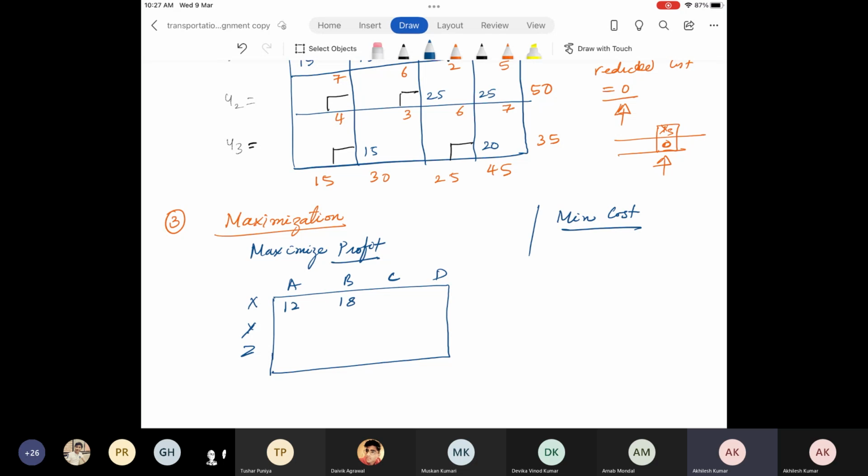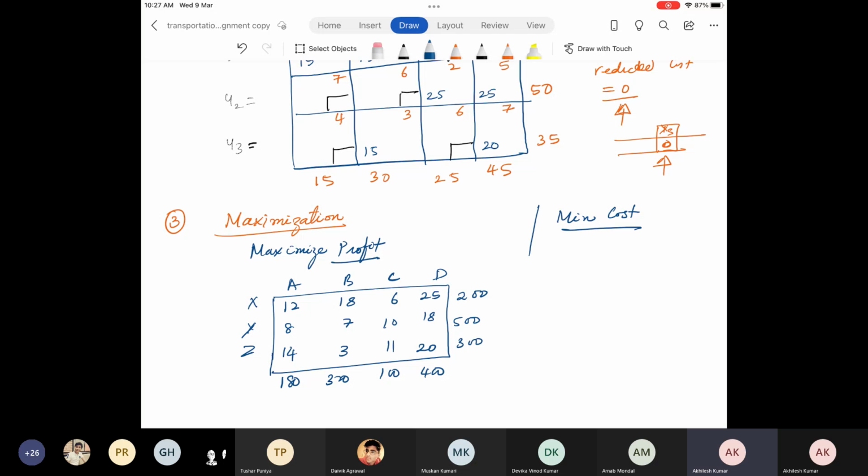Suppose the values are 12, 18, 6, 25, 8, 7, 10, 18, 14, 3, 11, and 20. Other values are 200, 500, 300, 180, 320, 100, 400.